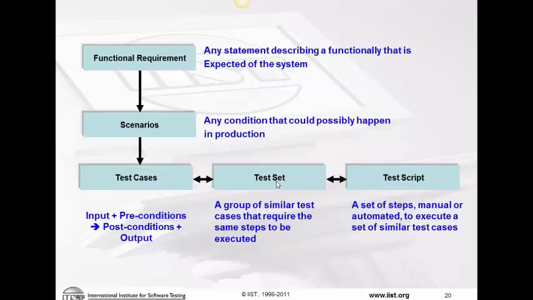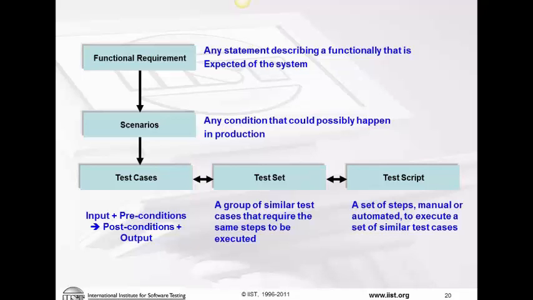So if I have that requirement about canceling orders, and that requirement happened to have probably easily 50, 60 test cases, I don't have a script for every one of those. Why? Because the steps I need to follow to run a test are the same, regardless of what test I'm running.